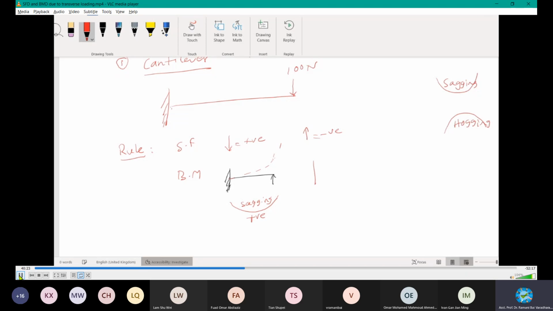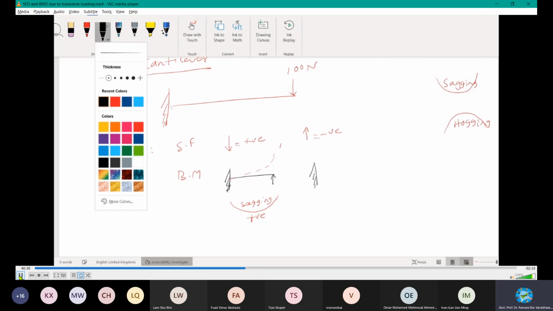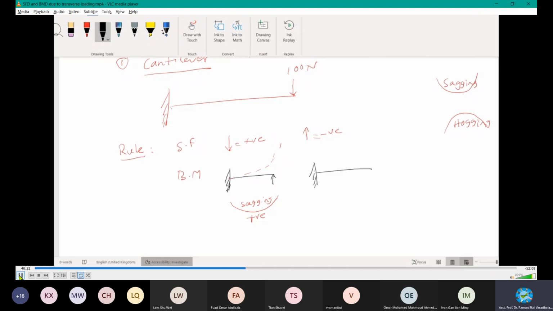Same bending, same cantilever beam. With the example, it's interesting to know. When the same cantilever beam is loaded from the top, this may be a wall supporting this beam at the bottom, or there may be a wall on top imparting this load at this point on the beam.